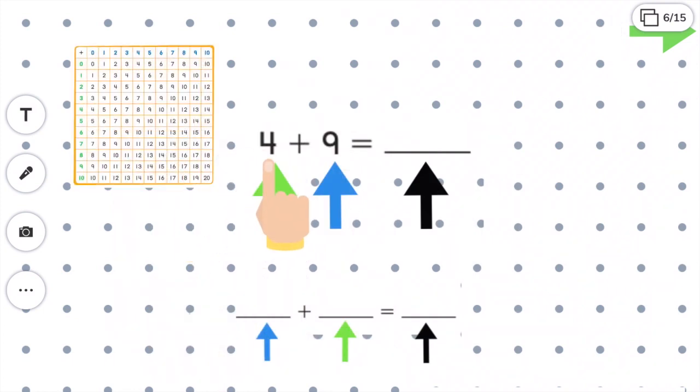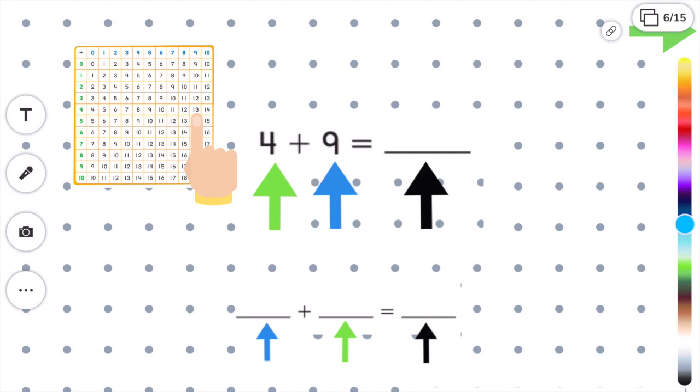Okay, in this one we have 4 plus 9 is the same as blank. So we go down to our first number, 4, and then we're adding 9. So we go over, we count each box until we get to plus 9 from the 4, and we land on 13.